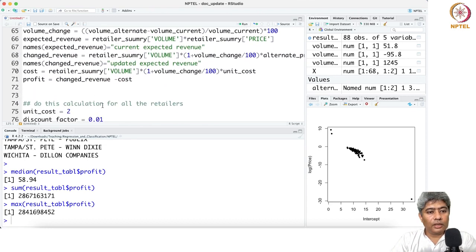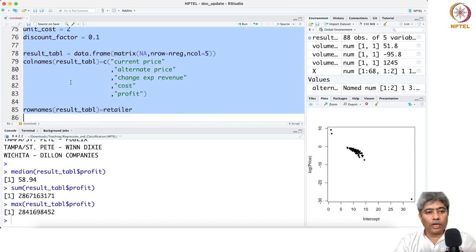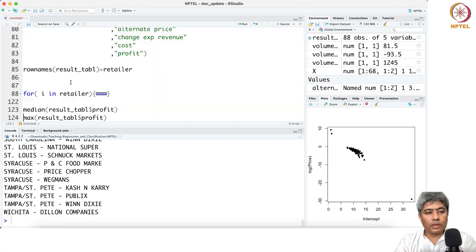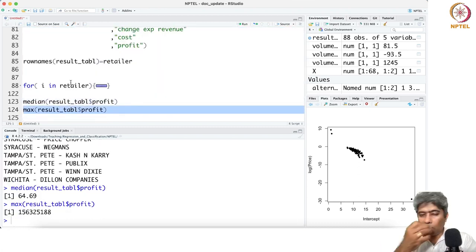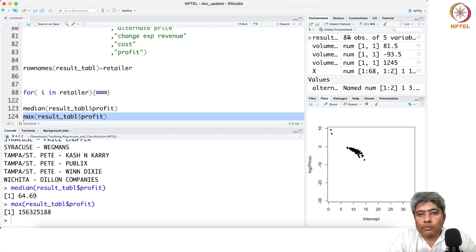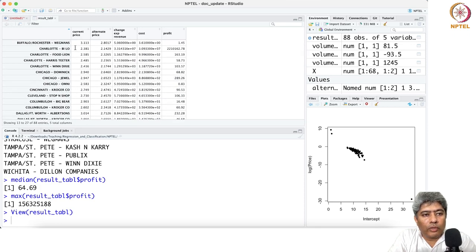And then if I give say a 10% discount, then what happens is the median profit is 64 and the maximum profit, so I think I'm pretty much, so this particular guy, whoever this is, below Charlotte below, let me just copy and beta dot ls.